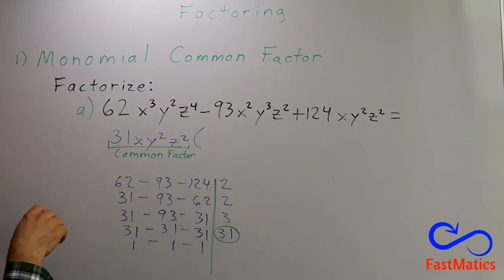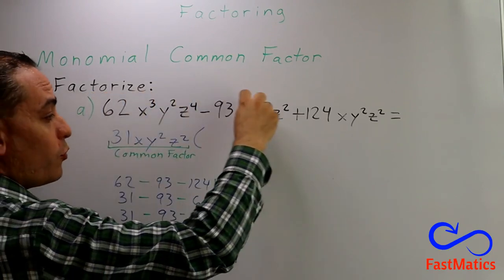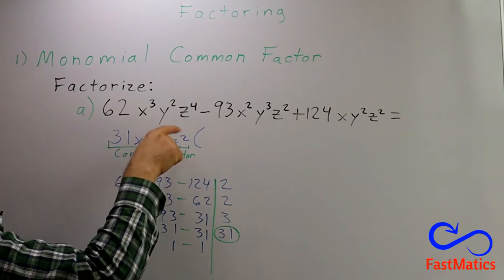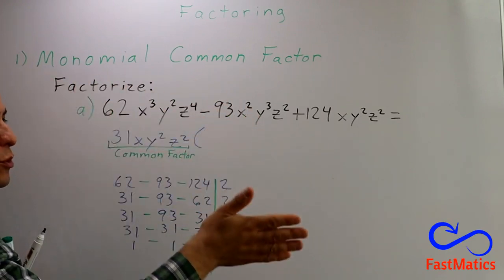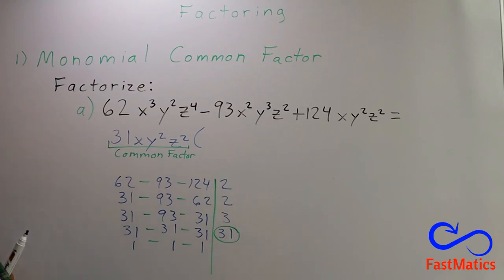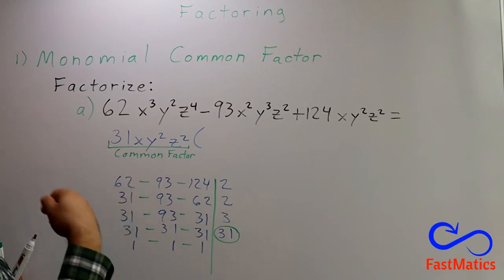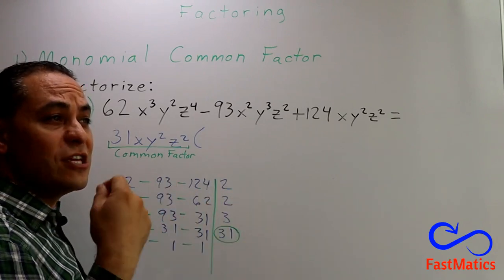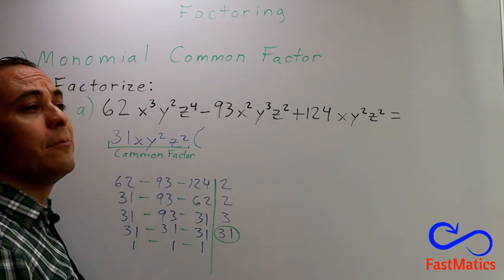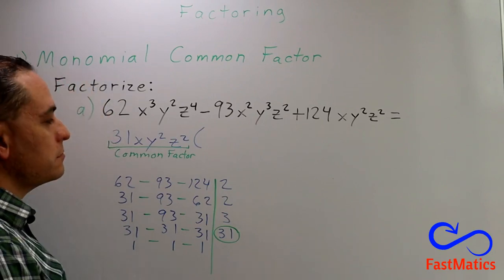Remember, we have seen how to divide a polynomial by a monomial. It is the same. It is very important to know that. If you don't know that, please see our video about the division of a polynomial by a monomial.